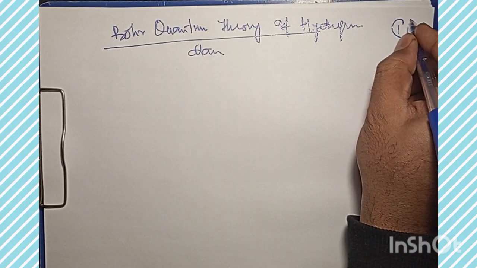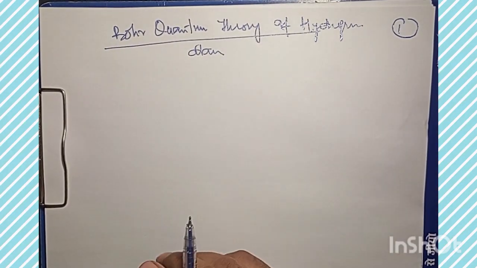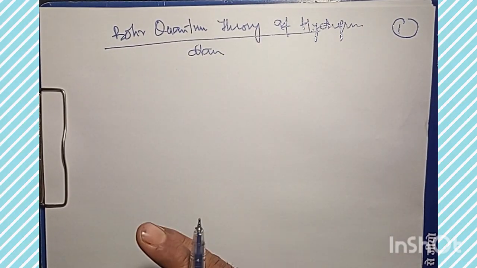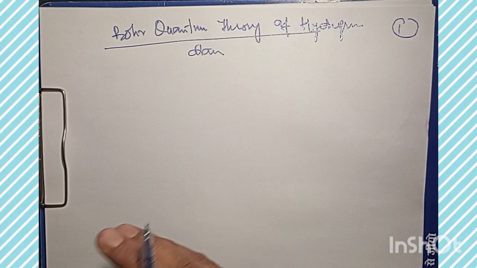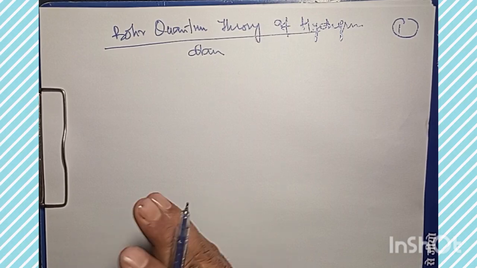As we know, the model that was proposed for the hydrogen atom could successfully explain the origin of spectral lines in hydrogen atom, and this model could also be applied to some complex atoms.